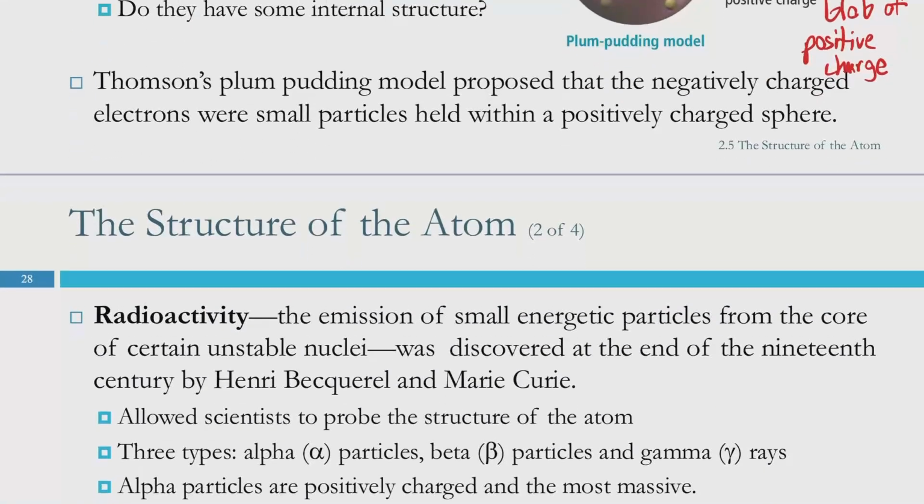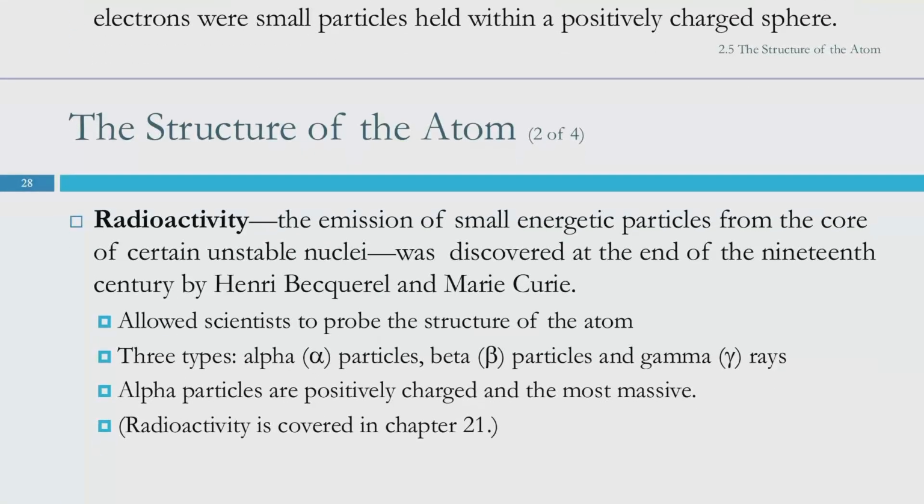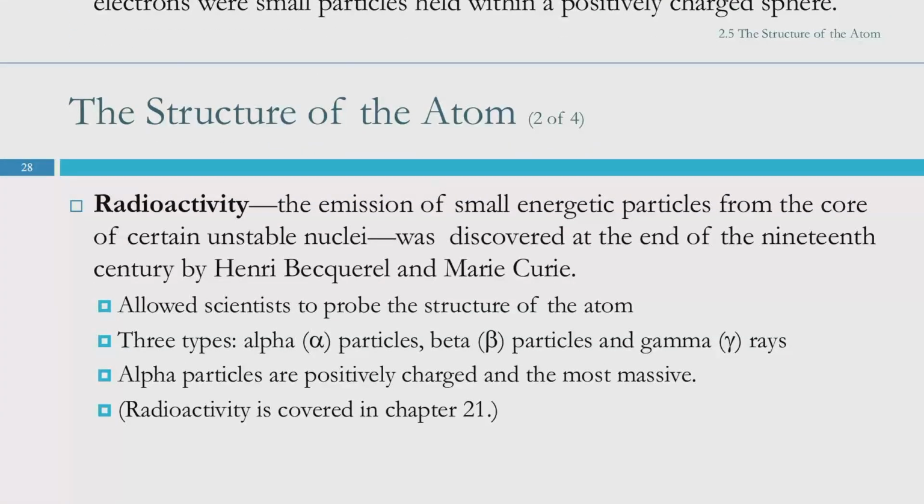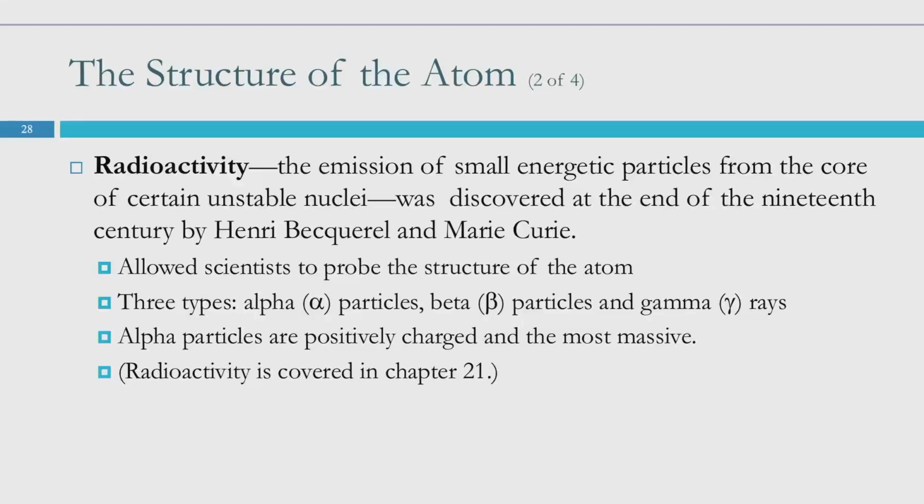Okay. And now we're going to take a very brief aside to talk about radioactivity. I don't think we cover that very much in this class. You would have covered it probably a little in Chem 20, hopefully. Radioactivity is the emission of small particles from nuclei.